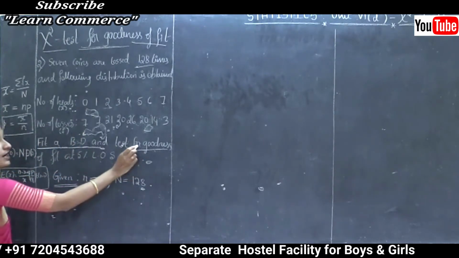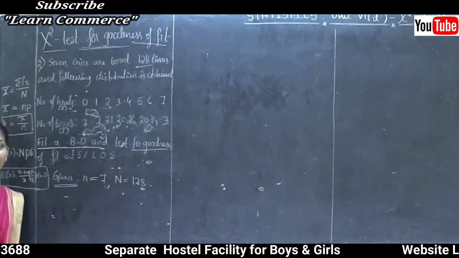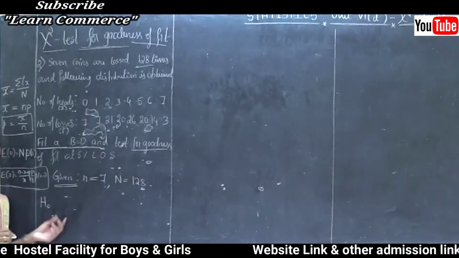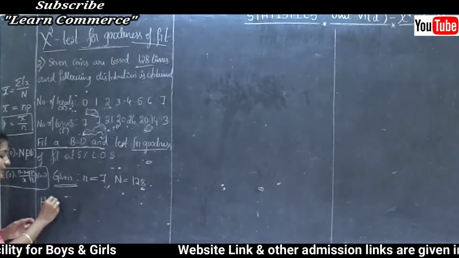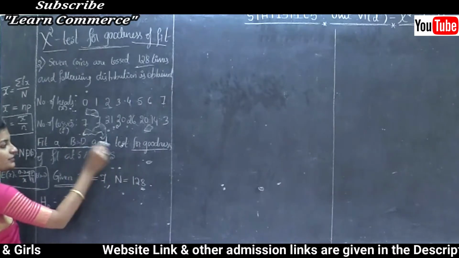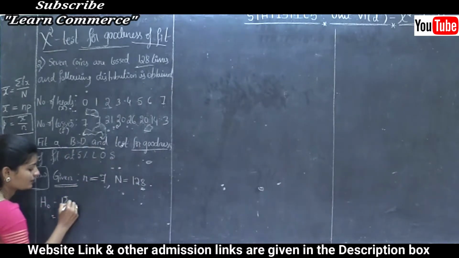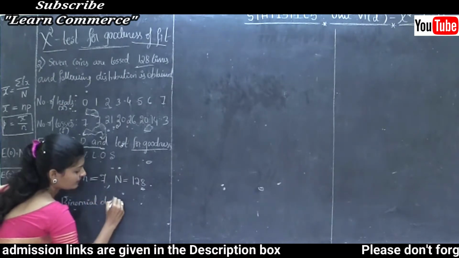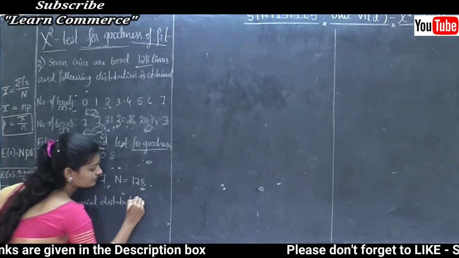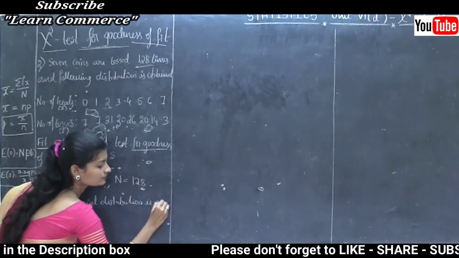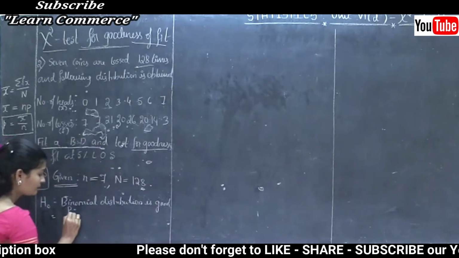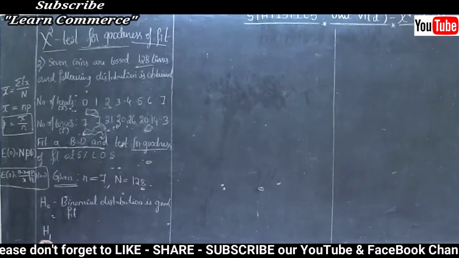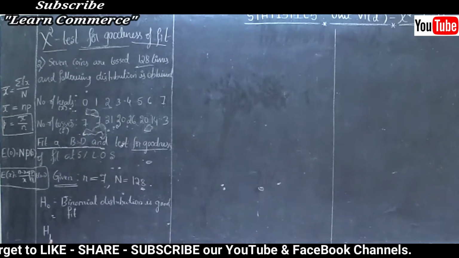What is the first step in the test procedure of chi-square test for goodness of fit? That is setting up of the null hypothesis, denoted by H0. Here the null hypothesis is that the binomial distribution is a good fit. Then step 2 is setting up of the alternative hypothesis, denoted by H1.